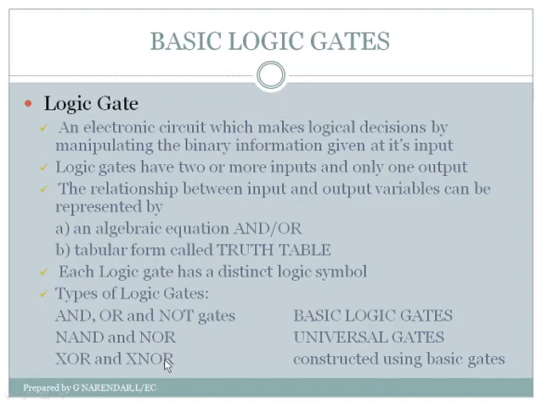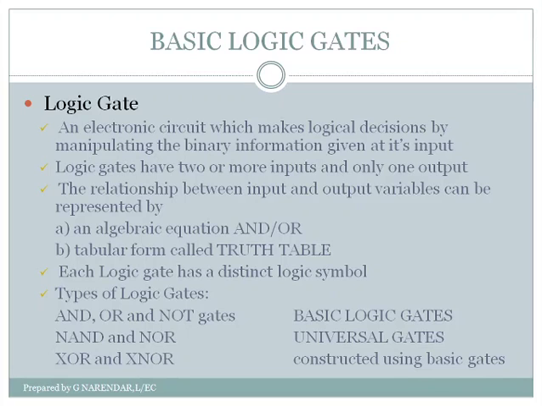So basically, summarizing this slide, a logic gate means an electronic circuit which will make decisions, and the decision means the output of yes or no. That means a logic gate has two or more inputs, but it has only one output.